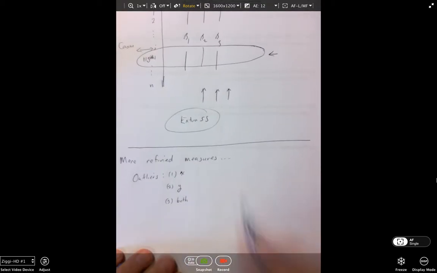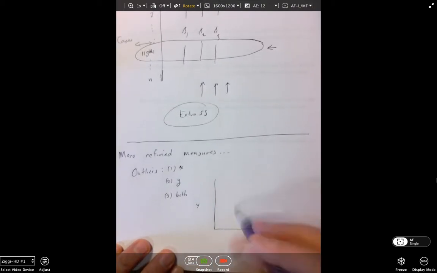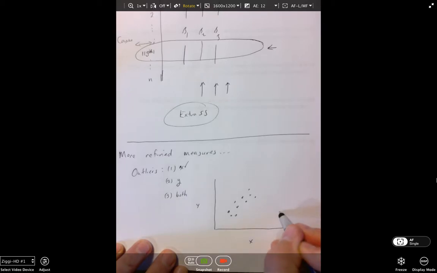Now, if you look at a situation here, again, I'm looking at just the standard scatter plot of x and y, and let's say that we've got some nice manageable data here. An example of an outlier to the x may be if we had that point.